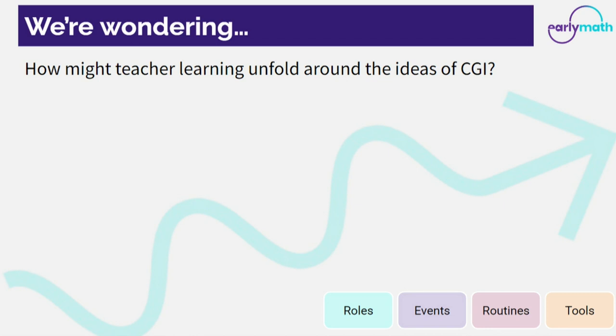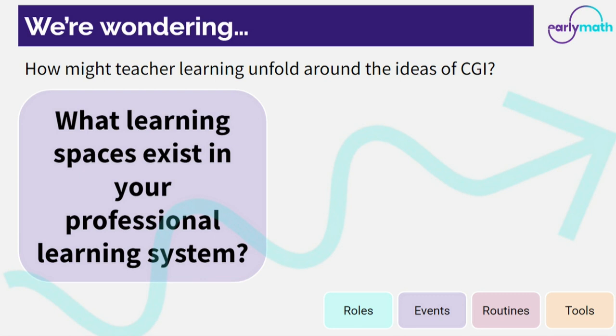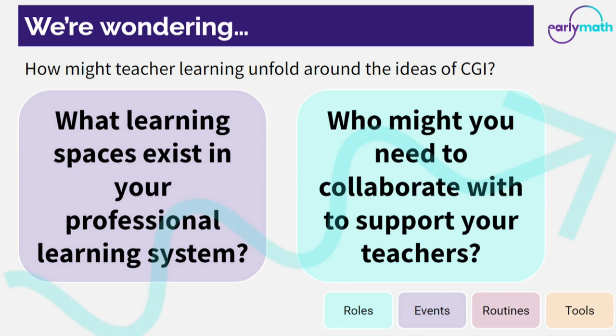But first, we're going to have you reflect and think about your current professional learning system that you support. Where are the learning spaces right now that exist in your professional learning system where you can move some of these CGI principled ideas forward? And who might you need to collaborate with to support your teachers?